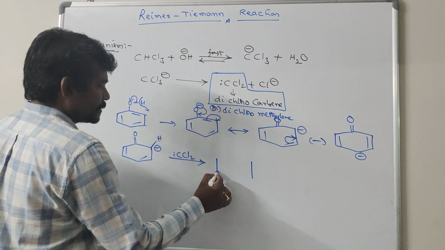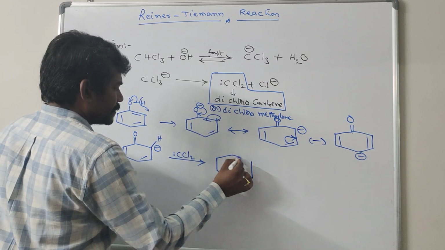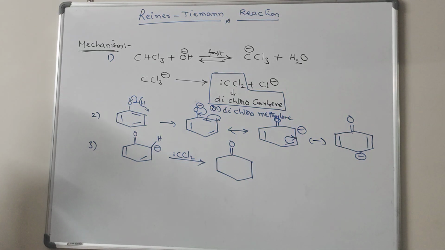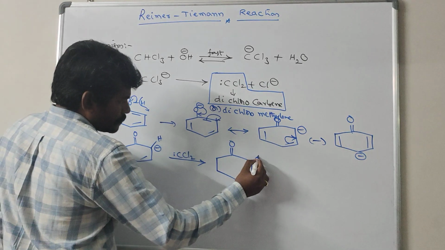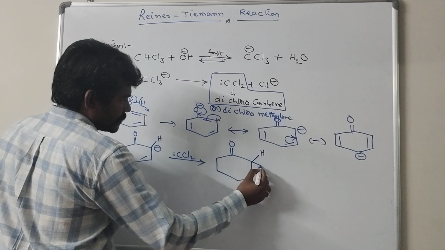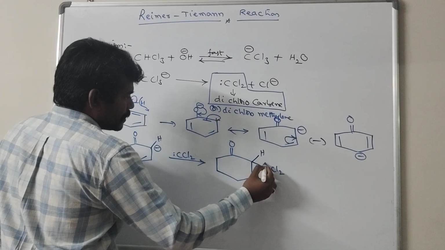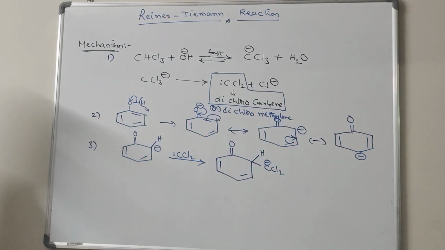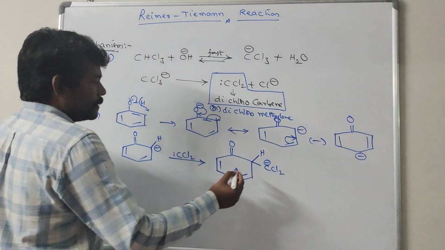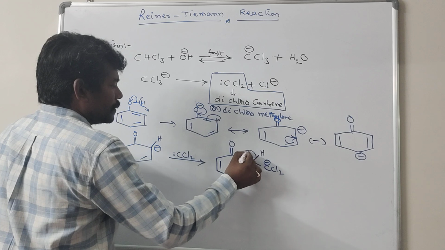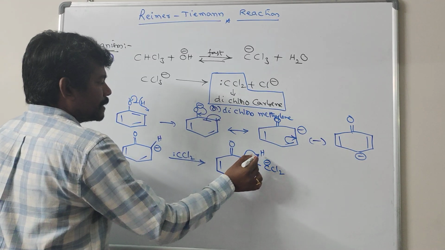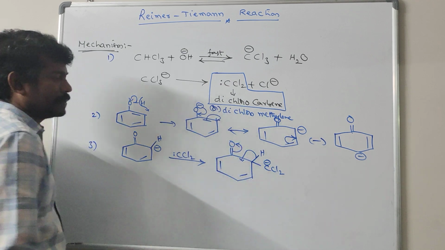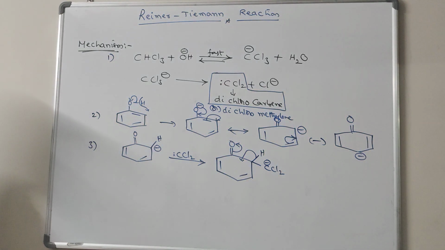We get double bond O, H, CCl2 minus, like this. Here the electrons between carbon and hydrogen shift between two carbon atoms in the ring, giving the O minus ion.